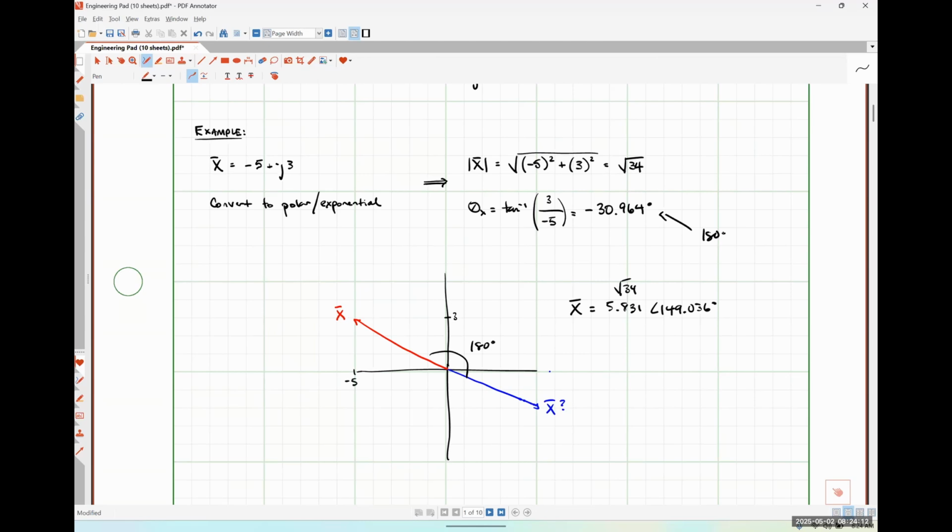I don't have the even newer version of the 991 on me. I haven't bought one of those yet, but I can show you how to use it real quick. So if you have the FX 991 ClassWiz in black like this, I believe first you need to press settings. Maybe you don't.